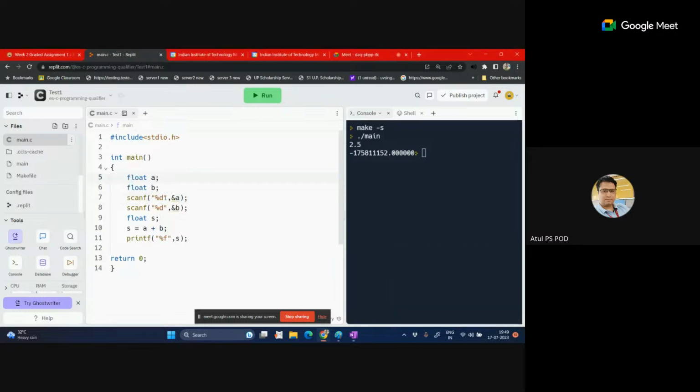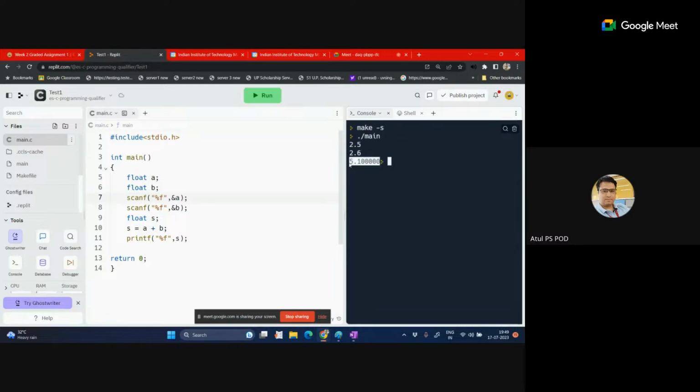And let's use the correct specifier. Okay, now you can read 2.6. You are getting the correct answer.